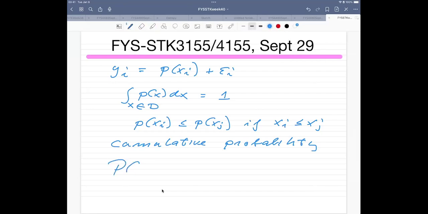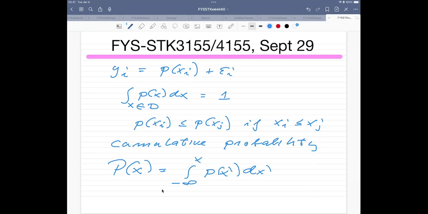So we have an uppercase P, and this is given by, if x is defined from minus infinity up to plus infinity, we integrate up to a variable x, so we have x prime, dx prime. And the cumulative function is also something which defines a probability, and it can be used later when you want to change from one probability to another one. But these are technicalities which we'll leave out.